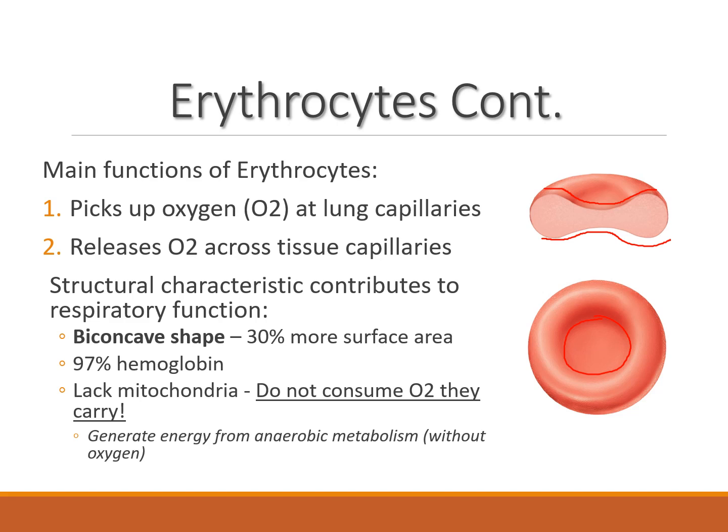Why can't it just use some of that oxygen that it's carrying? Well, it doesn't. It doesn't use any of the oxygen it carries. It's only carrying that oxygen to deliver it to the tissues. So they are able to produce energy without oxygen, and that's called anaerobic metabolism. So they essentially use sugar instead of oxygen for energy.